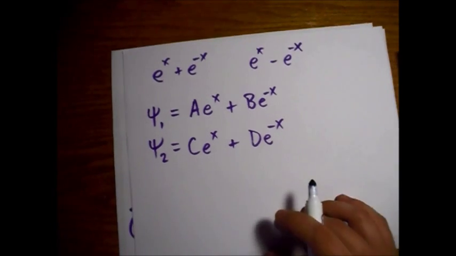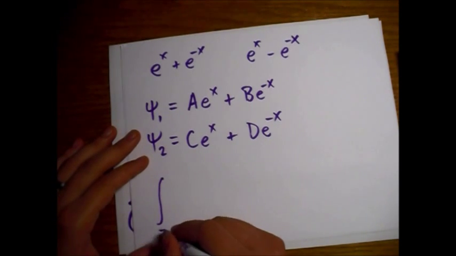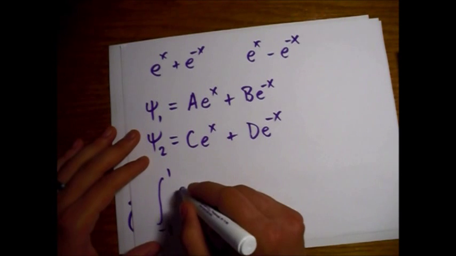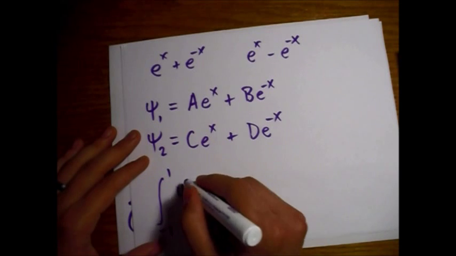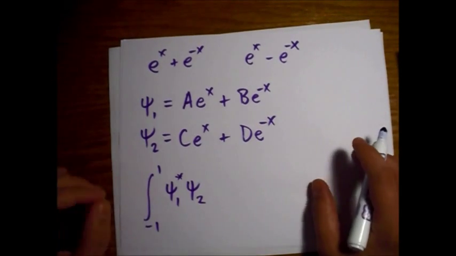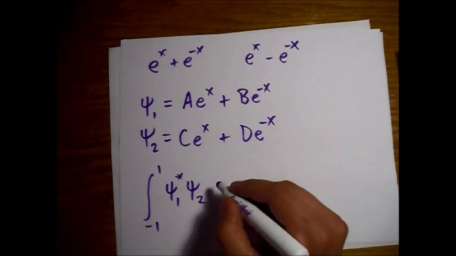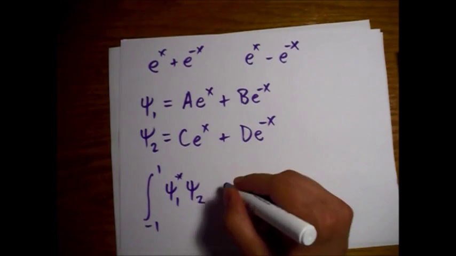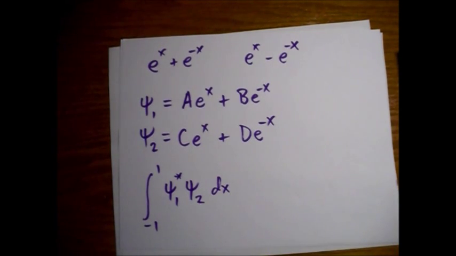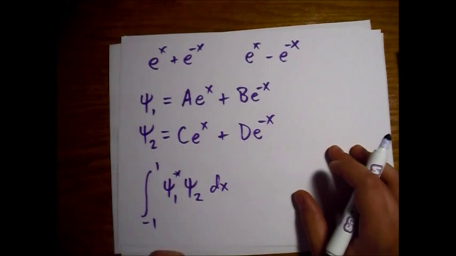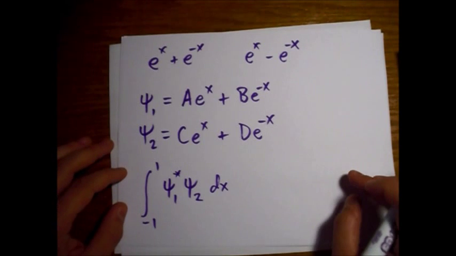On the interval from -1 to 1, we'll use the complex conjugate for one of these. We still have generality because you can just switch these labels if you want at this point.